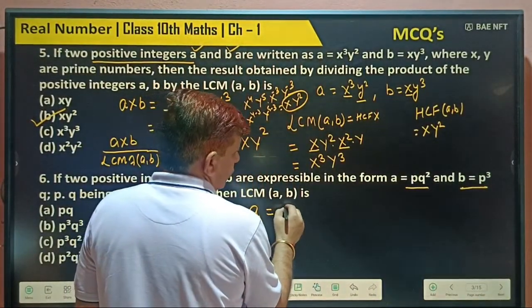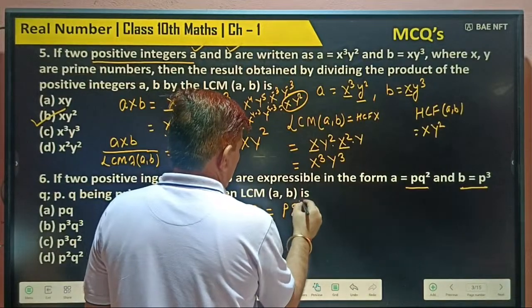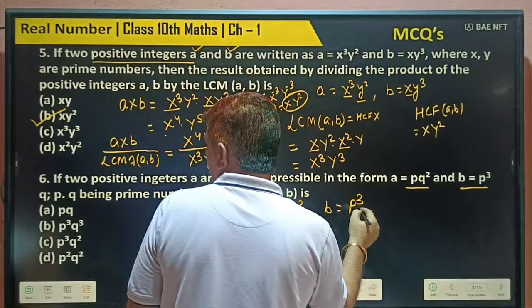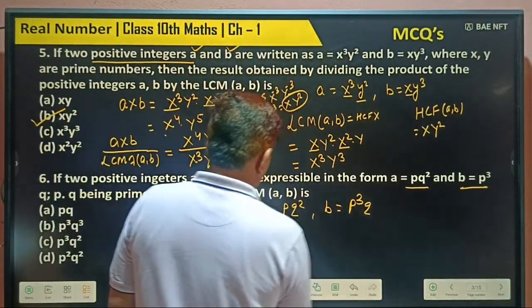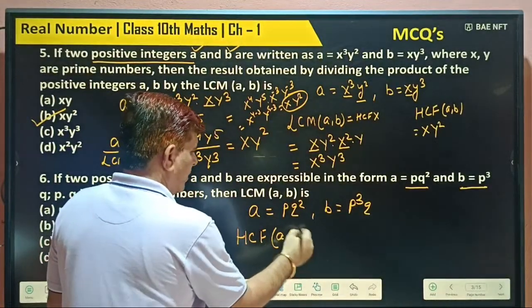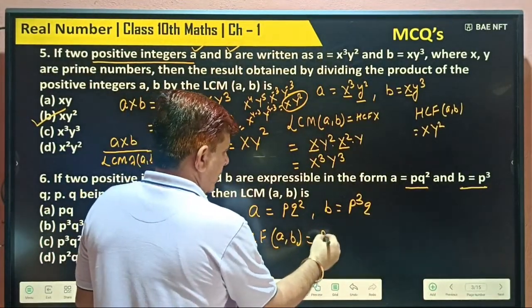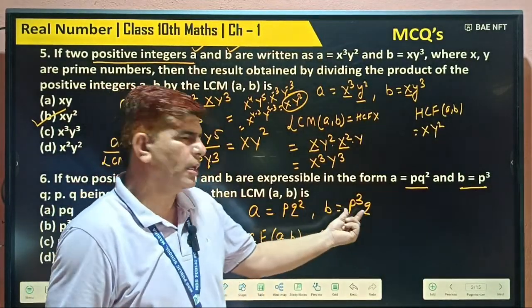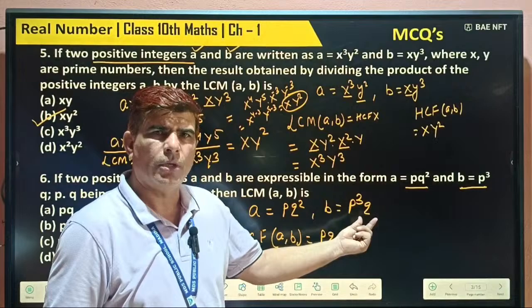A equals p q square, B equals p cube q. What's their HCF? HCF of A and B is p q. Yes or no?